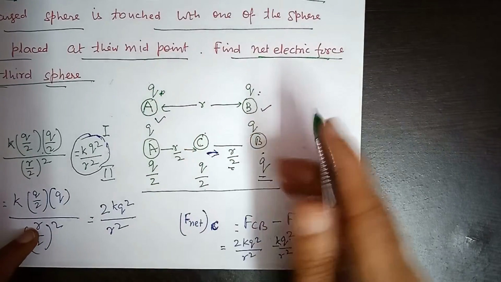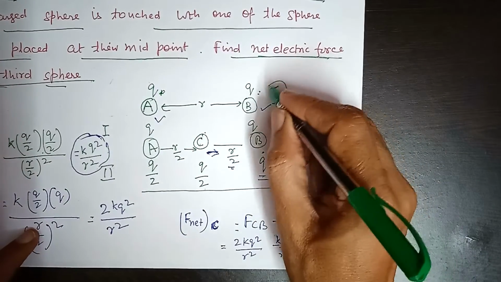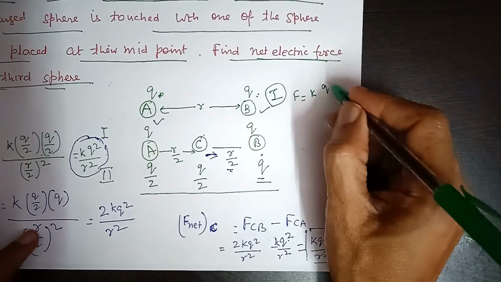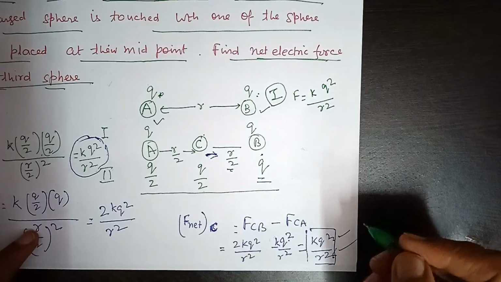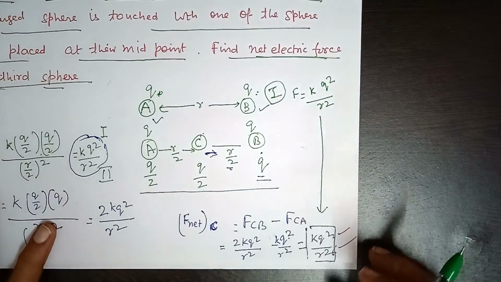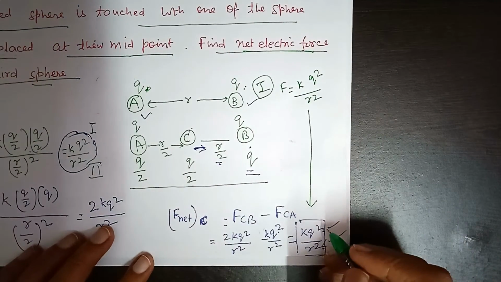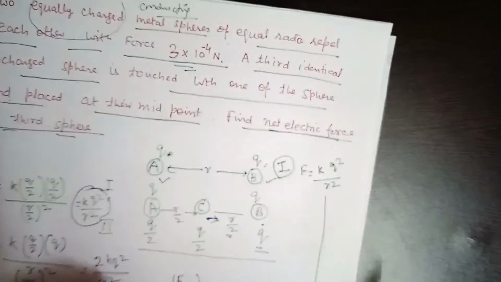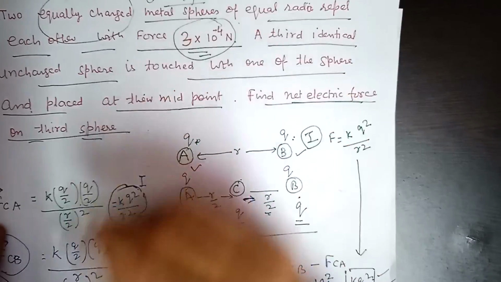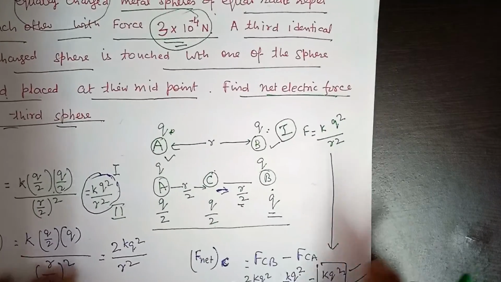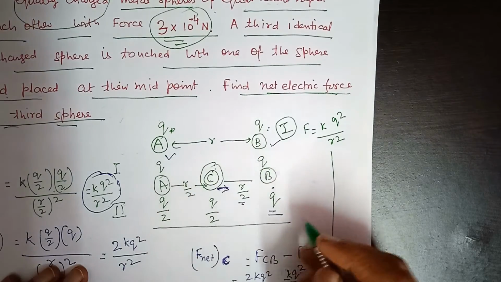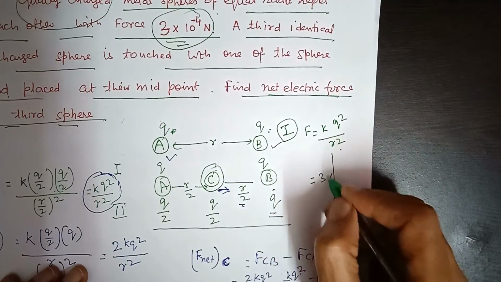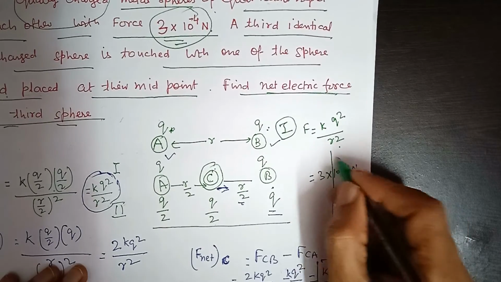And in the first case, when there was no third sphere, what was the force? F is equal to K Q square divided by R square. The same is the force here, and this force was 3 into 10 raised to the power minus 4 Newton. So again, the third sphere will experience a force of 3 into 10 raised to the power minus 4 Newton.